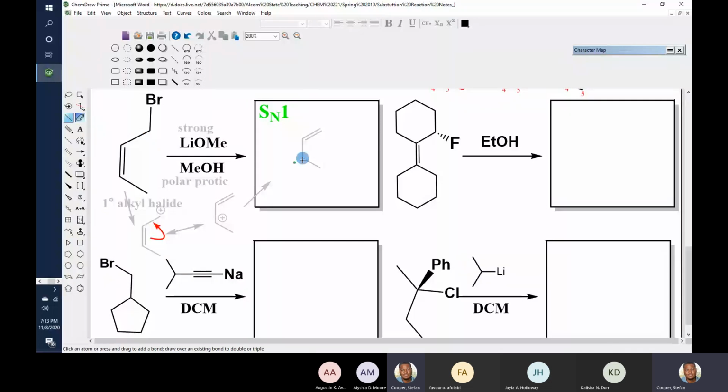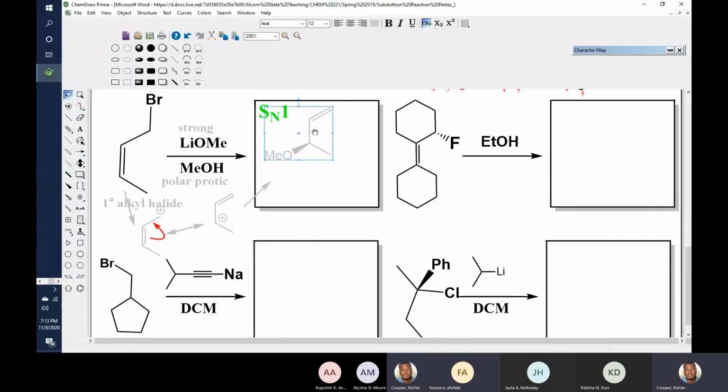I'm going to have an OMe group here. All right, do I need to show stereochemistry here? Yep, very good, I do. So that means that not only do I get this product, but also its stereoisomer. Question, Dr. Cooper.